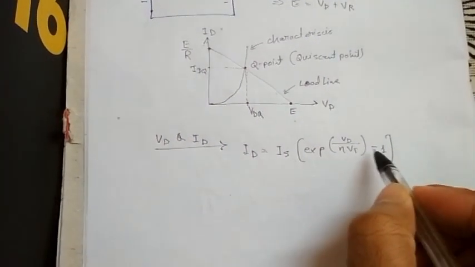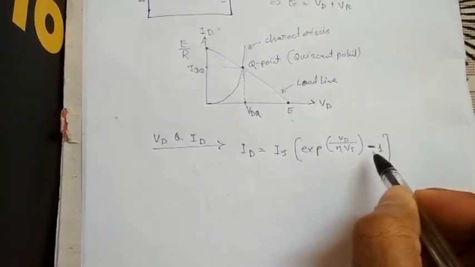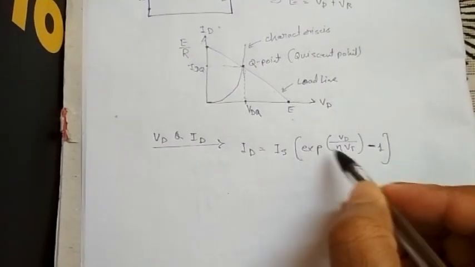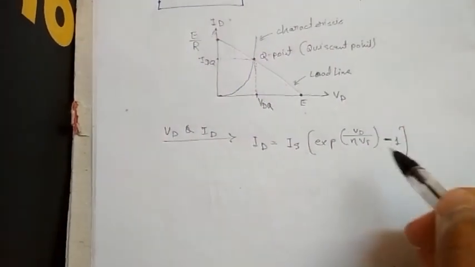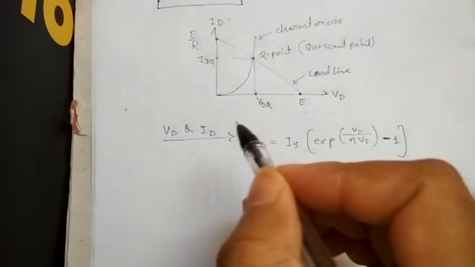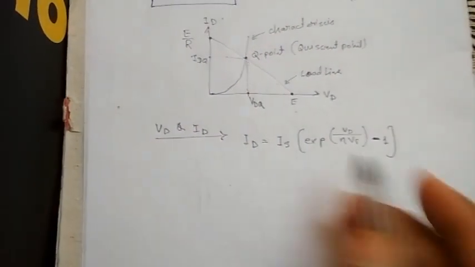Now this minus 1 is not raised to the power, it is exponential minus 1, and this is the power of this exponential term. It is often mistaken by many, so for that reason I have mentioned this particularly.